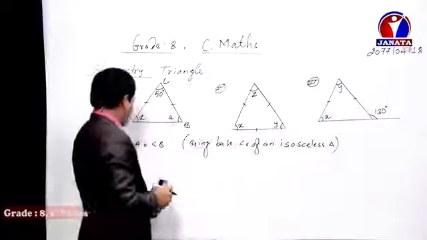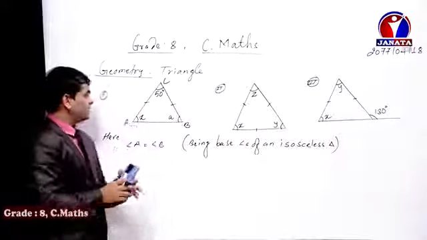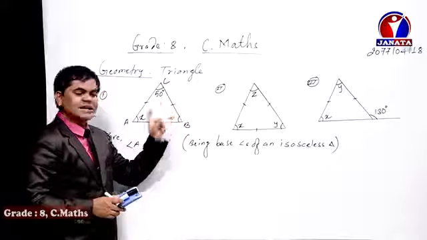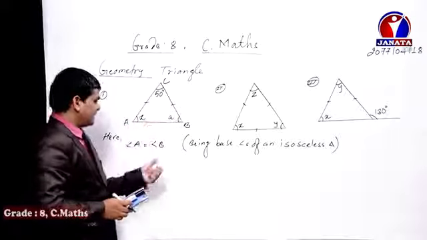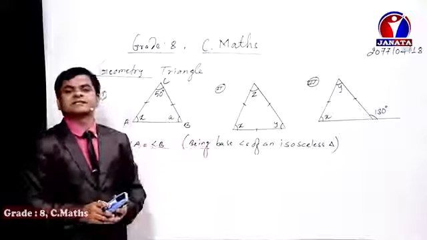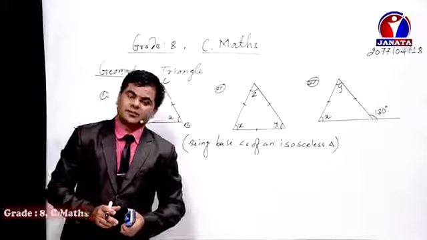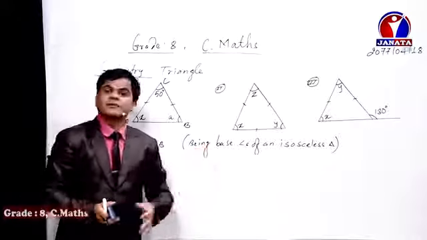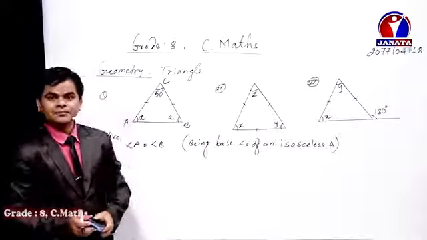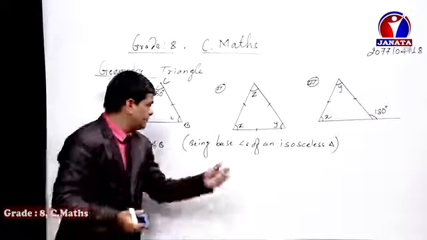Angle A equals angle B because they are opposite to the equal sides of the isosceles triangle. So we can write A equals B, being base angles of an isosceles triangle. We have learned the properties of an isosceles triangle: opposite to the equal sides, the angles that form are equal and they are known as the base angles, isn't it?